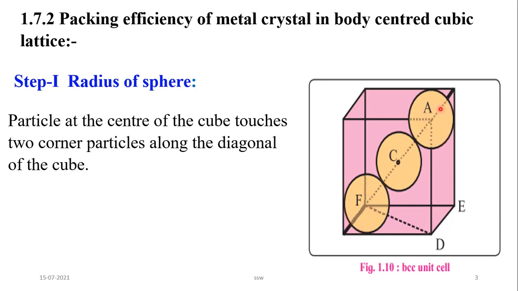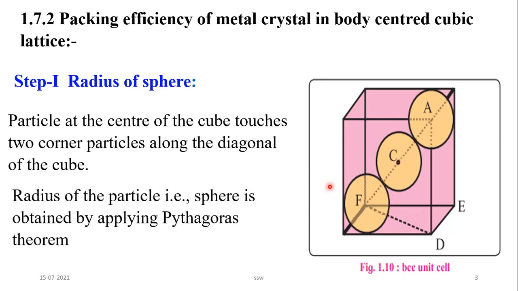This is another corner particle, and this middle sphere is the particle present at the center. All these 3 particles, 2 corner particles and the center particle, touch each other along this diagonal of the cube.